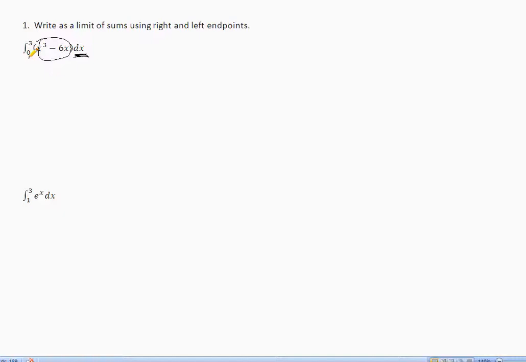So this is the same thing as we did last section, where my delta x would be 3 minus 0 over n, which is 3 over n. If I do right endpoints first, your x sub i would be 0 plus delta x times i, 3i over n. Then how do I write that?